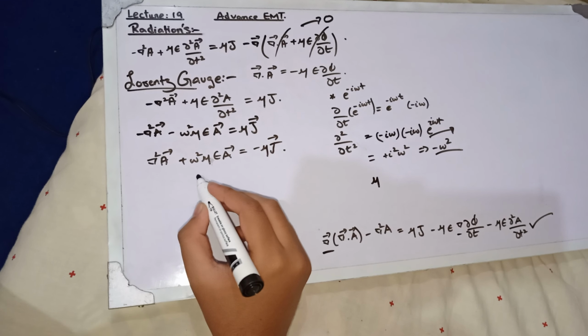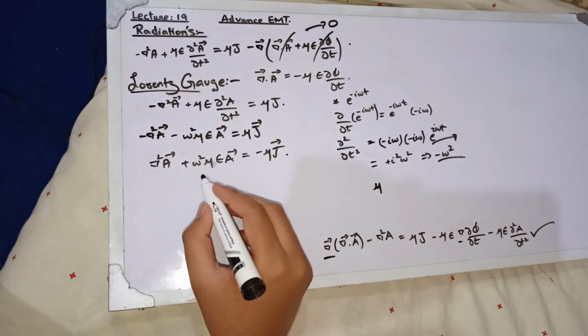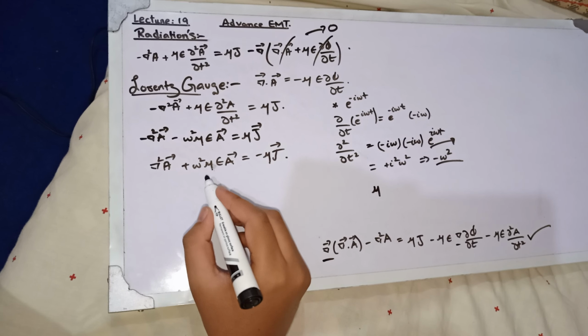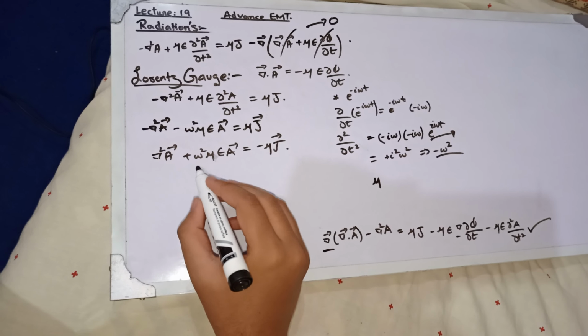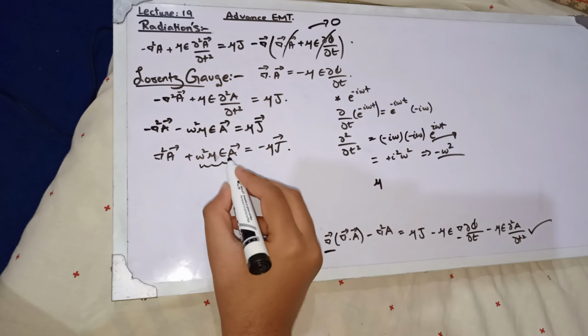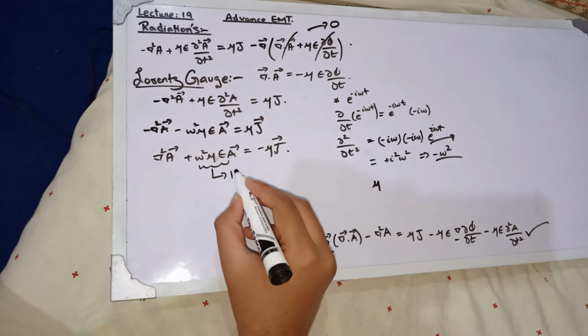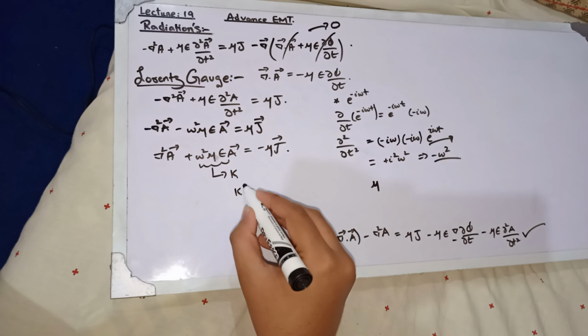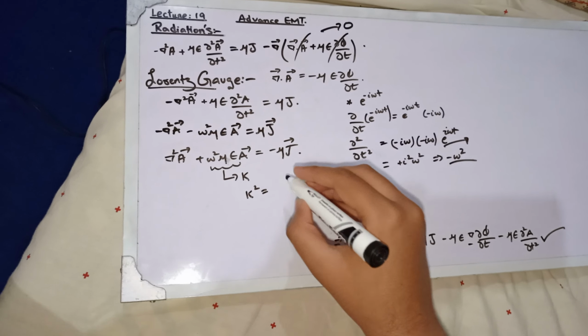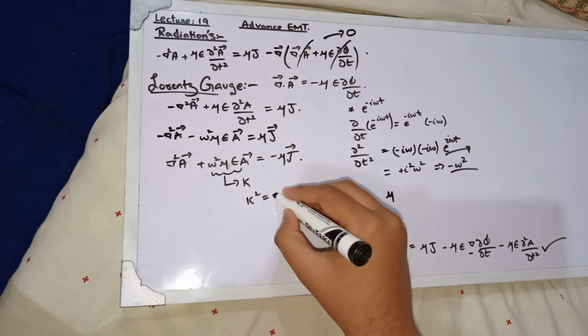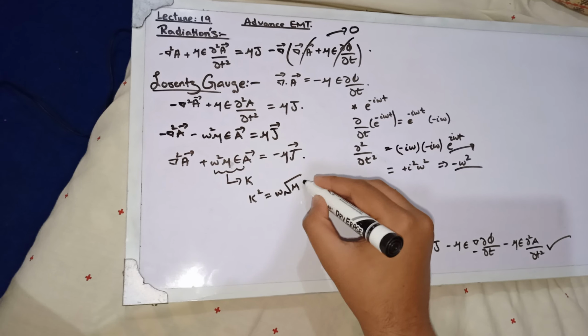And I know that this factor can be written as which factor? This factor, omega square mu epsilon, is basically k, because you know that k is omega under root mu epsilon.